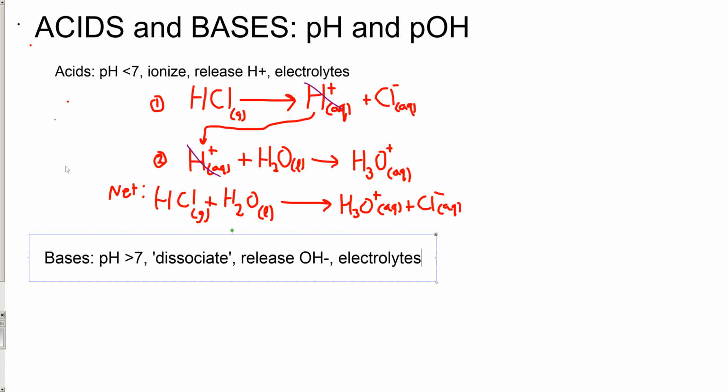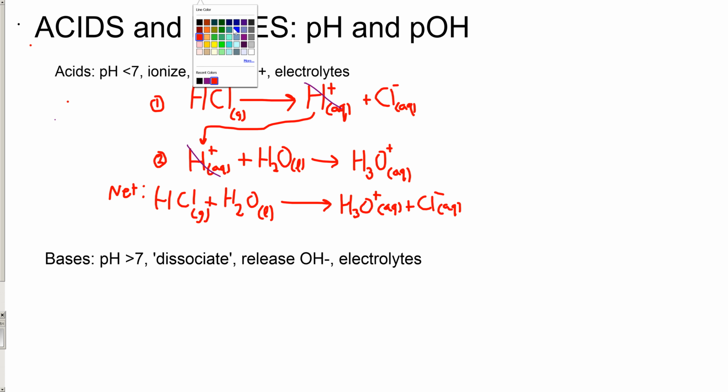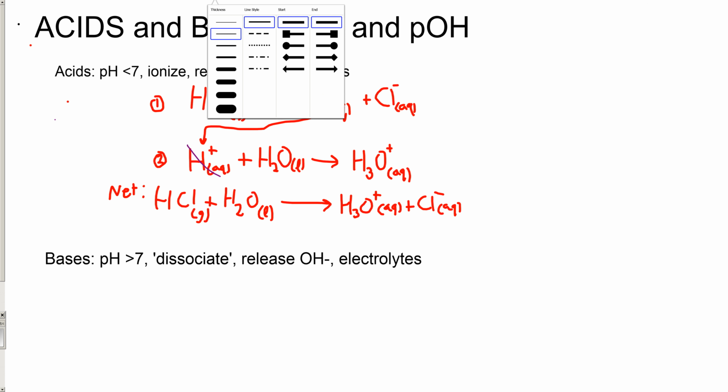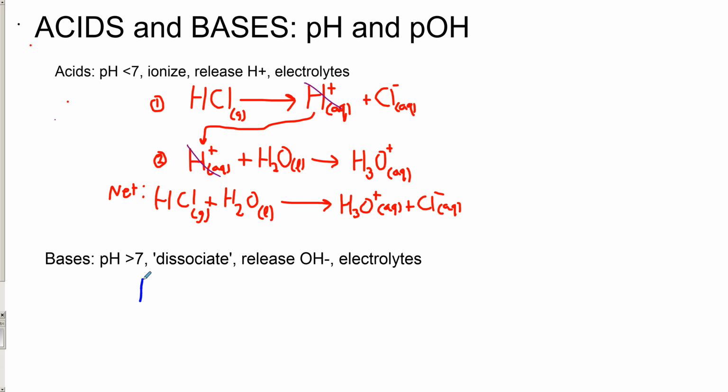So let's do a very quick base reaction. And let's use the standard, most regular base. That's our boy, sodium hydroxide. We see it all the time. We're going to add it to some water, to a liquid.